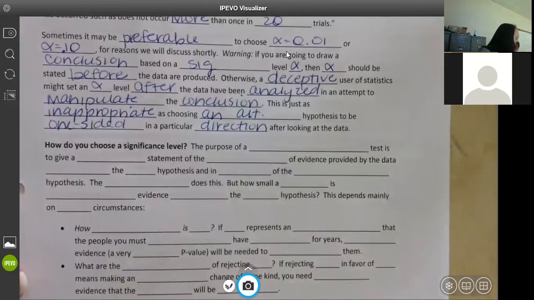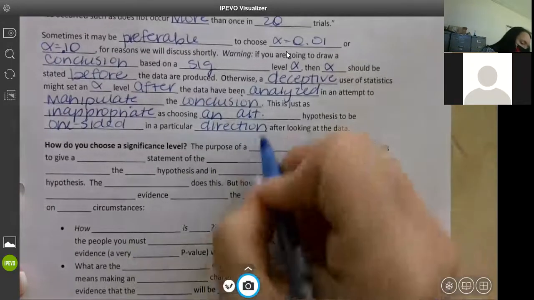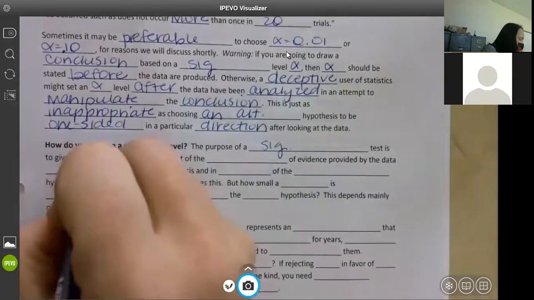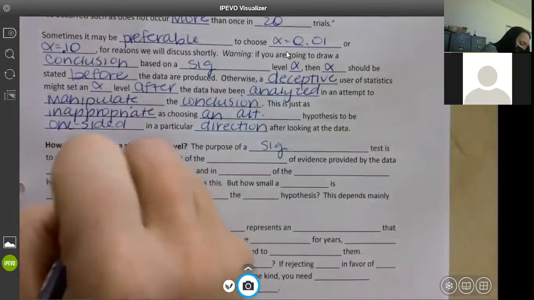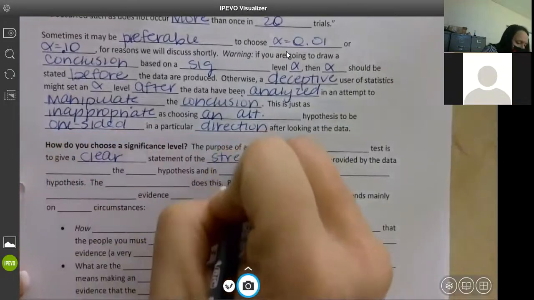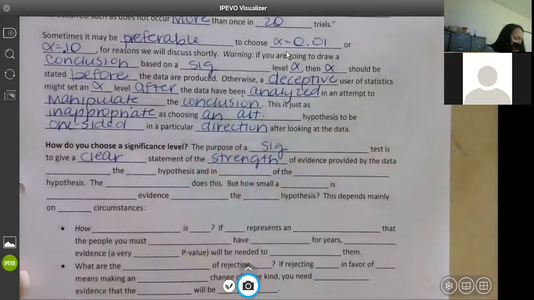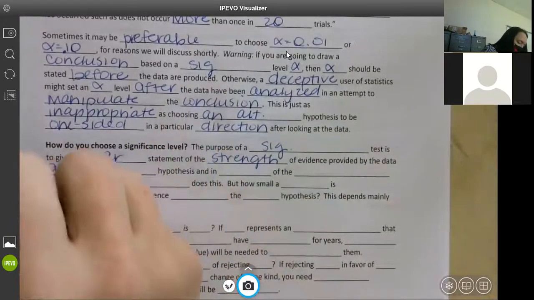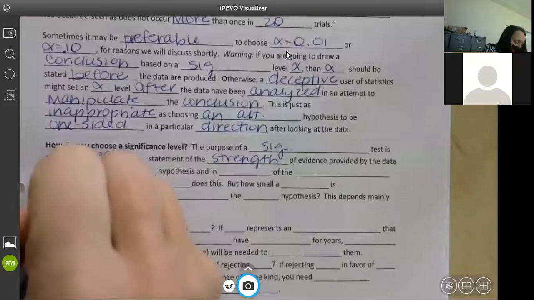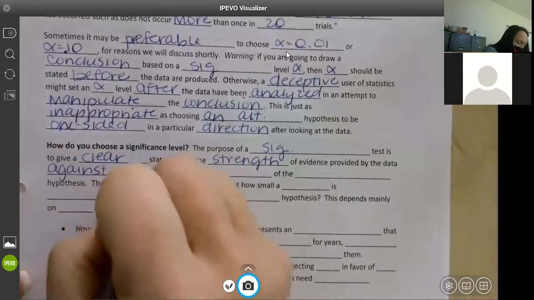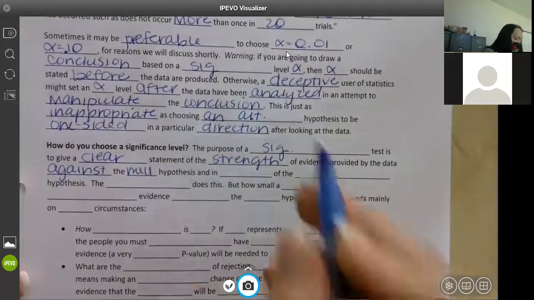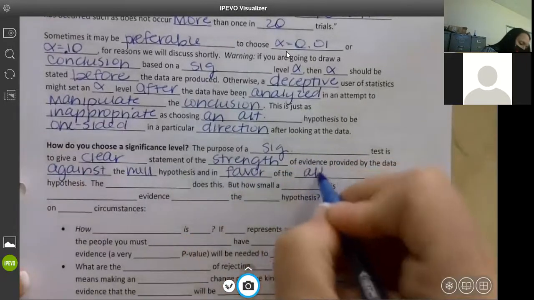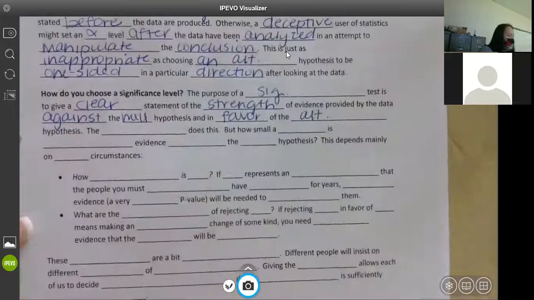All right, so how do you choose a significance level? The purpose of a significance test is to give a clear statement of the strength of evidence provided by the data that's against the null and in favor of the alternative hypothesis.